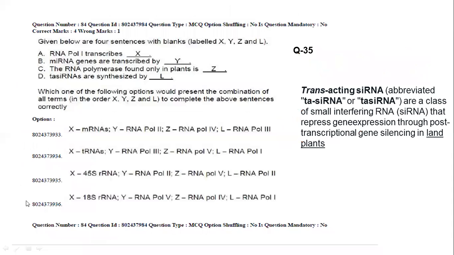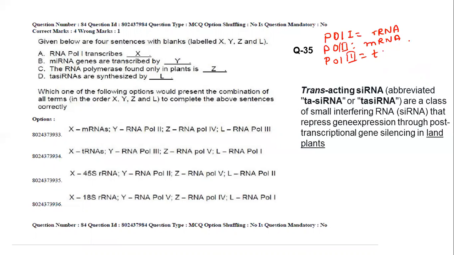Now see the next question. In case of RNA pol 1, we know that RNA polymerase 1 synthesizes rRNA. Most of the rRNA are synthesized by pol 1, pol 2 synthesizes mRNA, and pol 3 synthesizes tRNA.